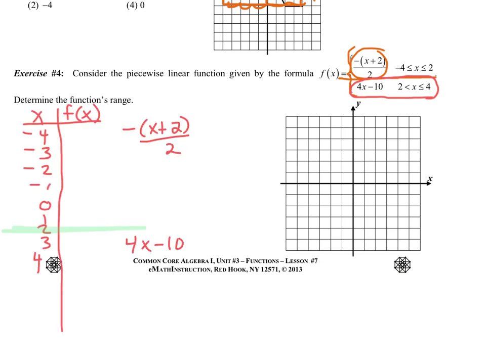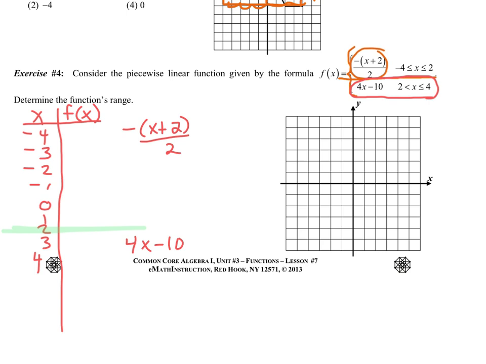So I've made a table, and I've put those values starting from when x is negative 4 and ending when x is 4. And what I'm going to do is evaluate that function in two different ways. I've drawn this green line across here as the splitting point. It's when that function changes from being the opposite of x plus 2, divided by 2, to when it becomes 4x minus 10. Let me do the first couple of points with you, and then I want you to fill out that table, and we'll graph and see if your graph matches mine.